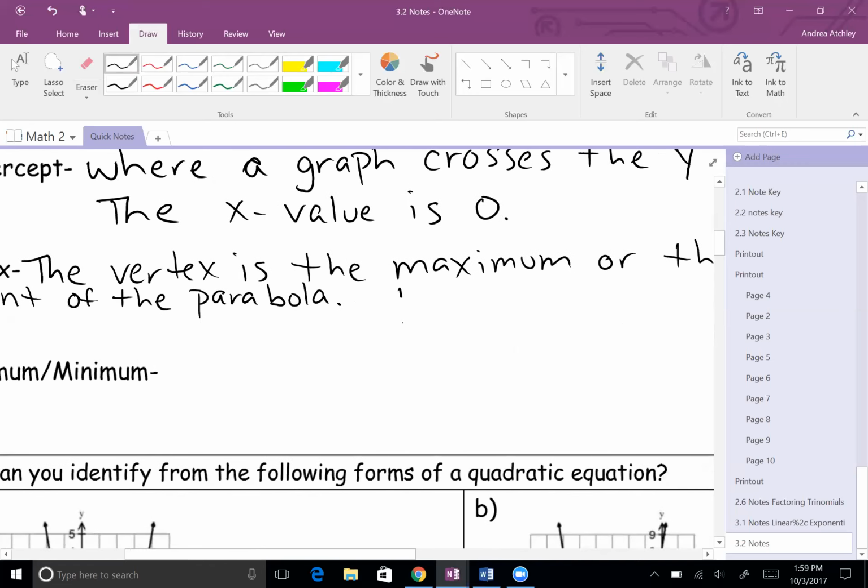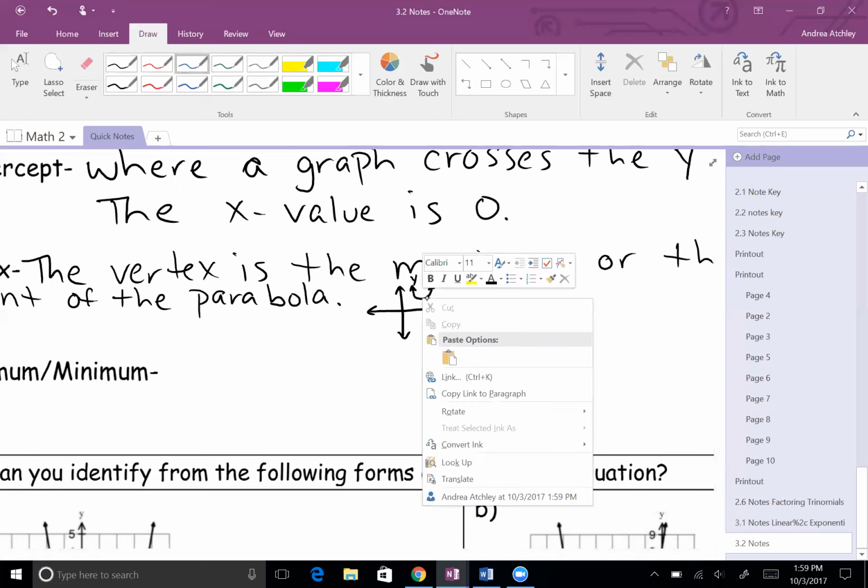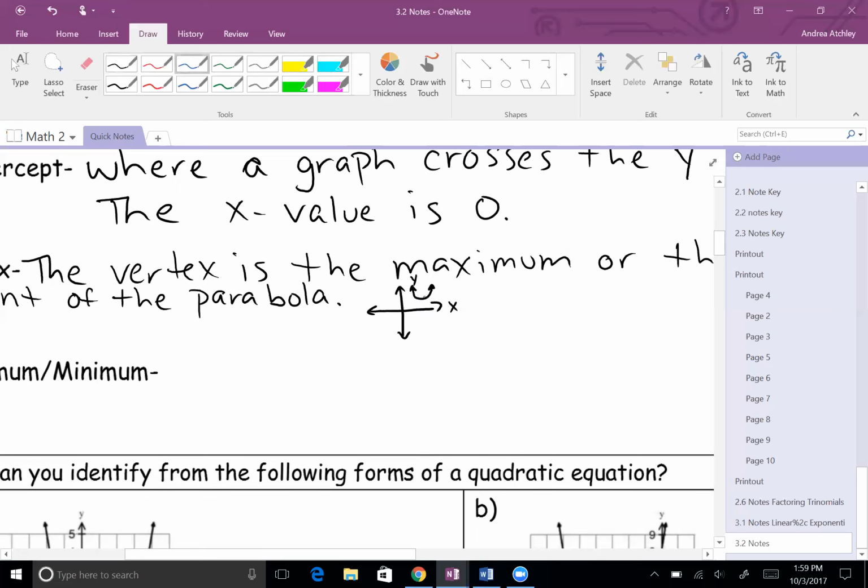So if I have a basic sketch of a graph here, this is my x-axis, this is my y-axis. And if I have my parabola like this, the vertex would be here. And this would be the minimum. It'd be the lowest point on the graph.